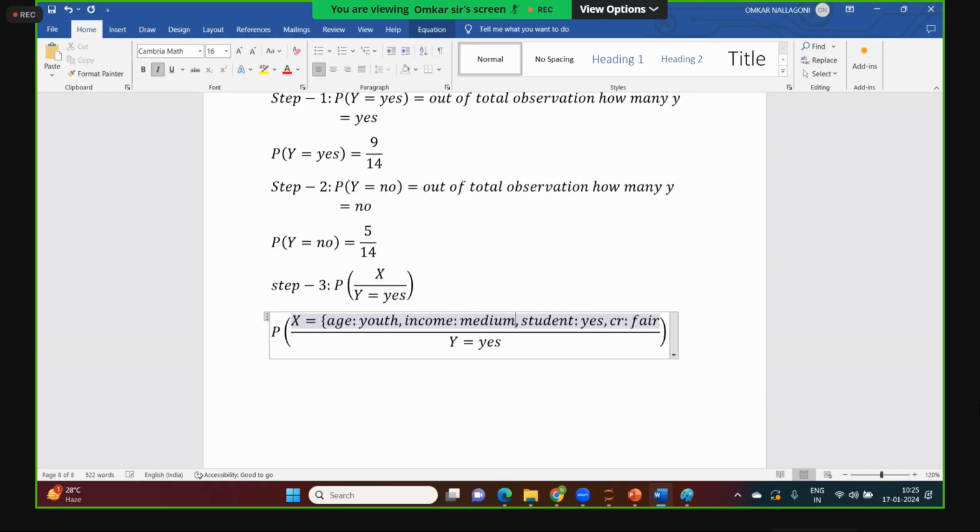This is a very, very tricky part. This is the only thing they will ask in the interview: the assumption in Naive Bayes algorithm.